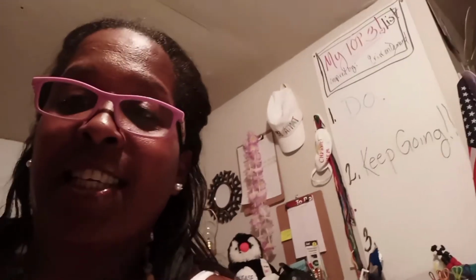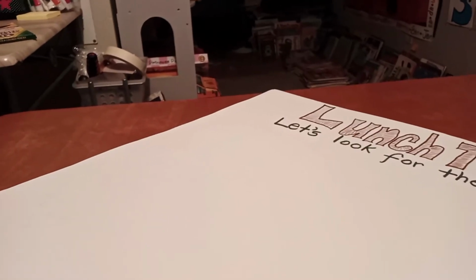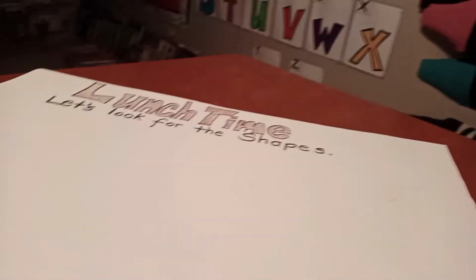All right. So let me set this camera up. And let's position it so that you can watch me find what we see on the lunch page. Okay. I've got to figure out how to get this thing set up here.